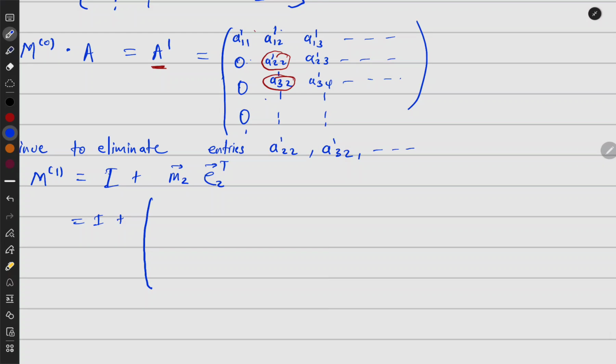Oh, by the way, I'm lying. I don't want to eliminate this. Meaning this is supposed to be from A3 to A3. This should be A4 too. Yeah, like that in that column.